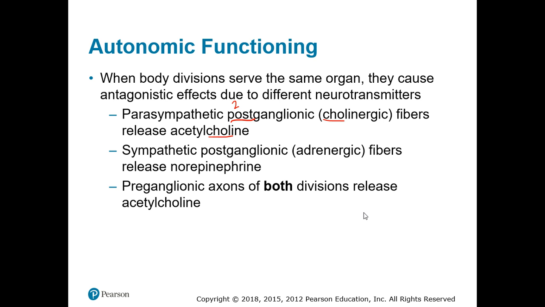On the other hand, our sympathetic post-ganglionic neuron, so post again means two, releases norepinephrine or epinephrine. These are sometimes called adrenergic fibers because of them releasing this norepinephrine. The way I always remember that is epinephrine is put into an EpiPen.